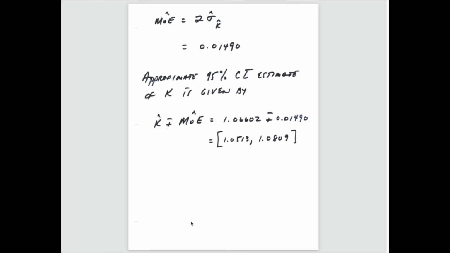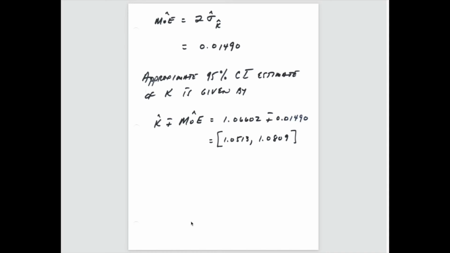Okay, we multiply that by 2 to get the estimated approximate 95% margin of error associated with k hat. That is equal to 0.01490. And then once we have that, we subtract that quantity from k hat.